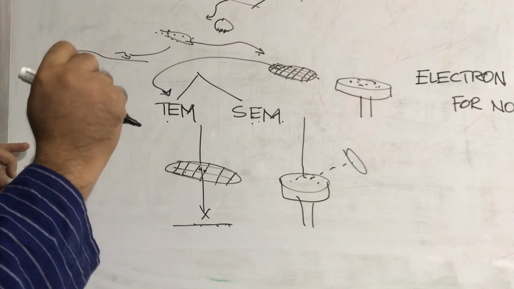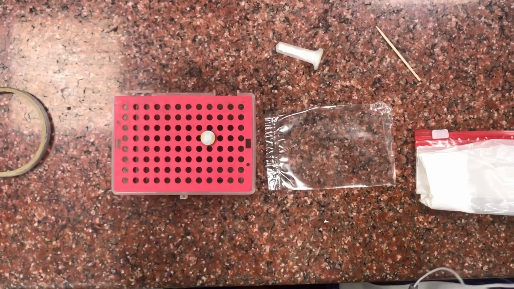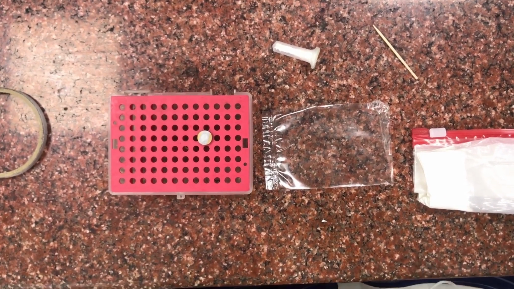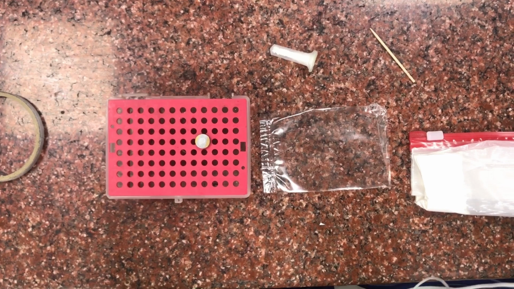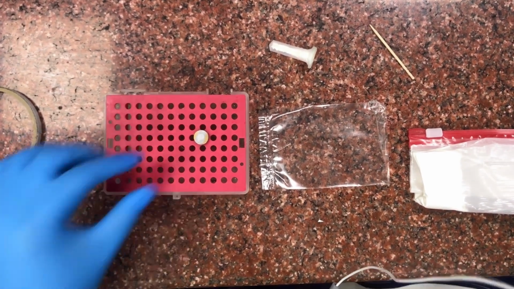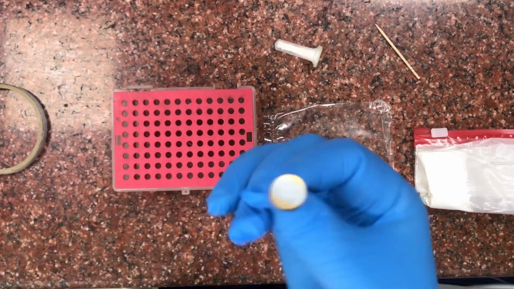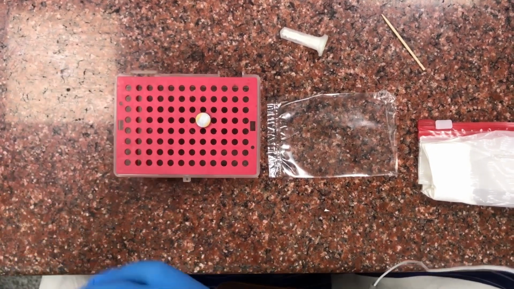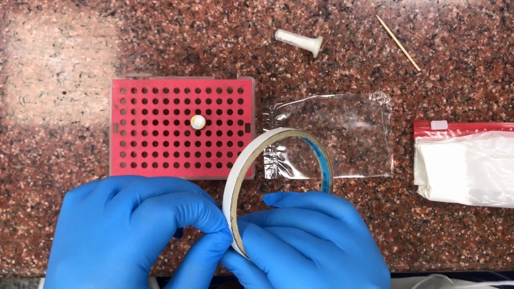We are going to see now the procedure. Before we see any sample under SEM, we have to prepare the sample. To prepare the sample, we have to first have a stub. On this stub, we are going to put the sample, but before that we are going to use a carbon tape.